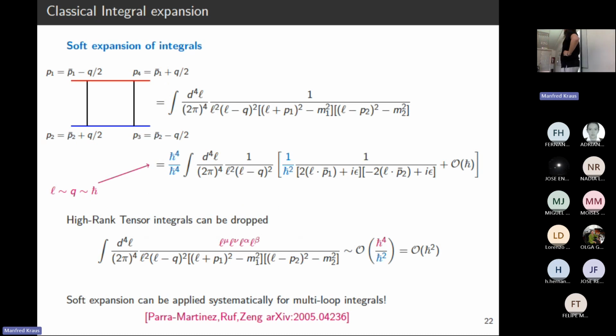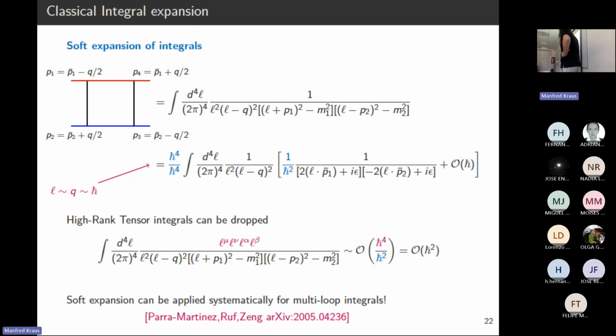You just impose the classical scaling that we did at the beginning, namely that L is proportional to h bar, and then P, Q also goes like h bar, but P bar doesn't. And what we see, for example, is the box integral.